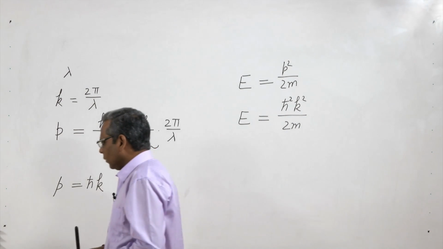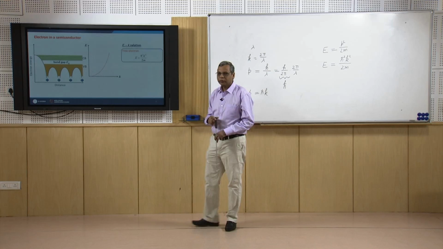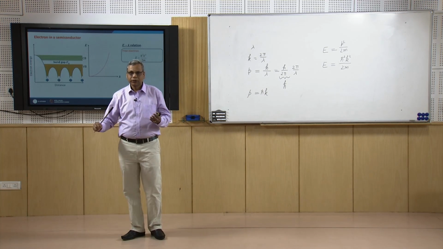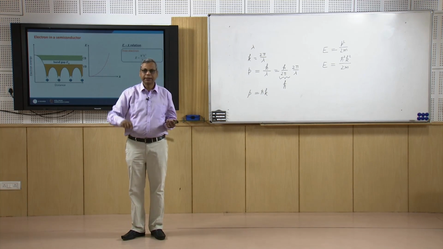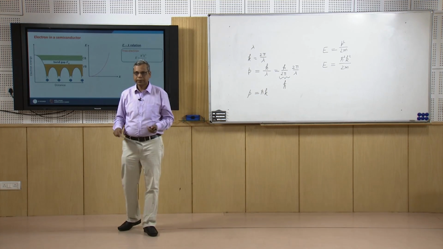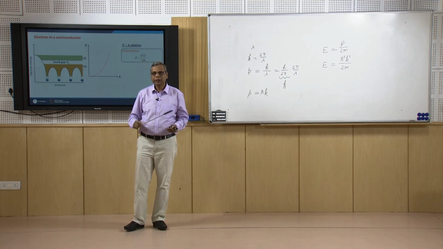In free space, any value of energy is possible, because electron is not bound to have certain discrete energies, but it can occupy any energy. It is in free space or it is in constant potential.